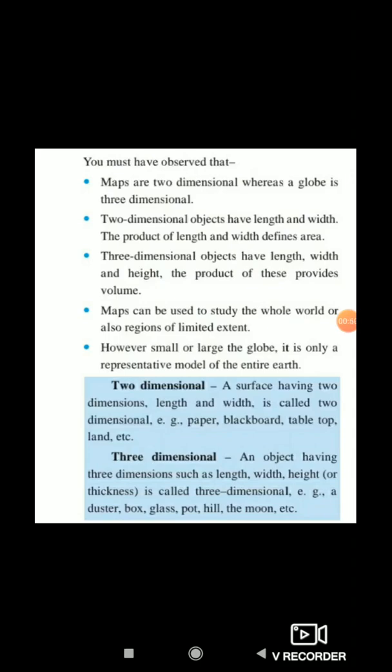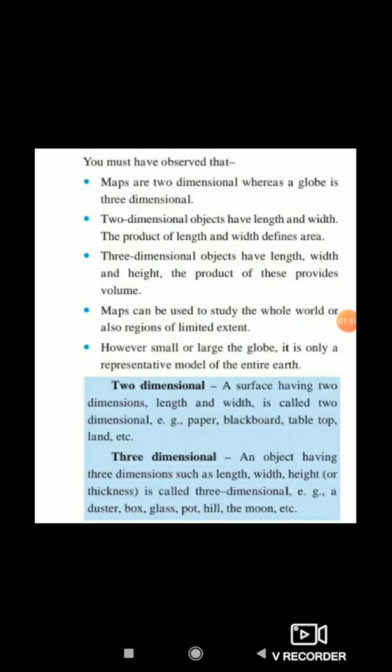Second difference, two-dimensional objects have length and width. Means maps have length and width, and the product of length and width defines area.